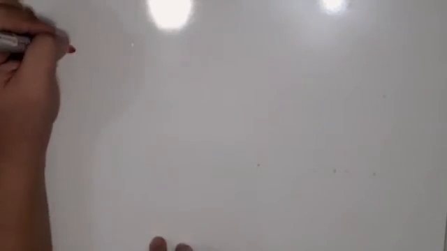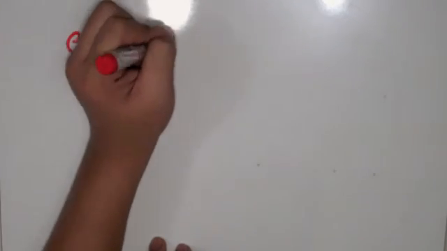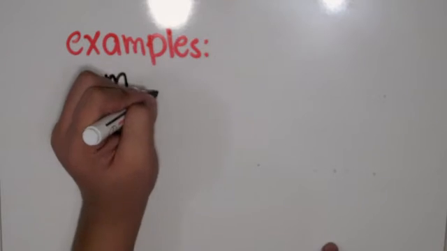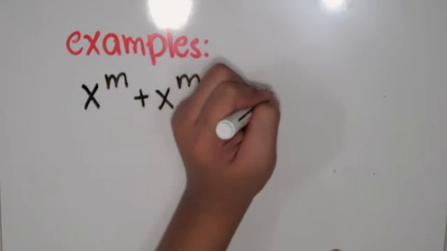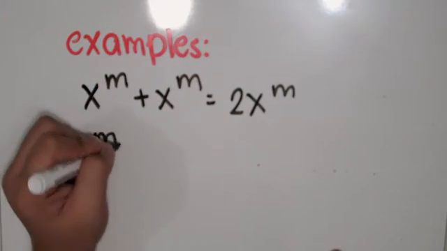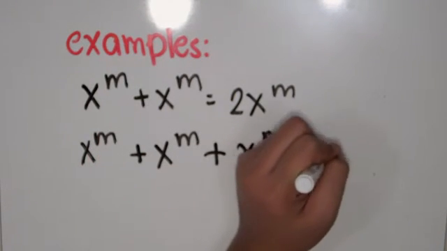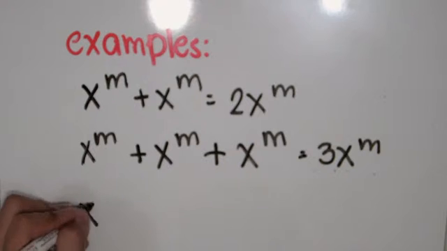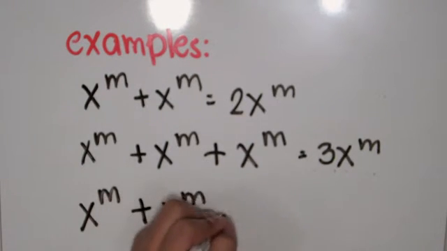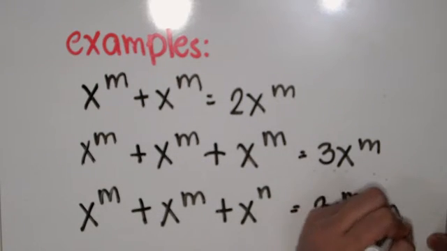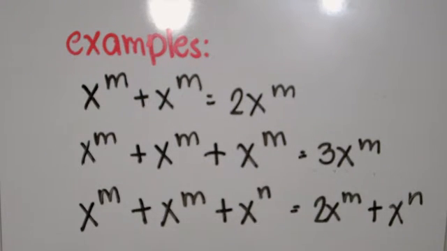Okay, let's give an example. x raised to m plus x raised to m equals 2x raised to m, while x raised to m plus x raised to m plus x raised to m equals 3x raised to m. x raised to m plus x raised to m plus x raised to n equals 2x raised to m plus x raised to n.